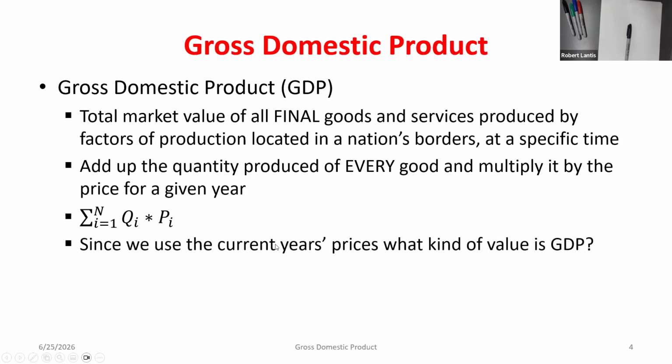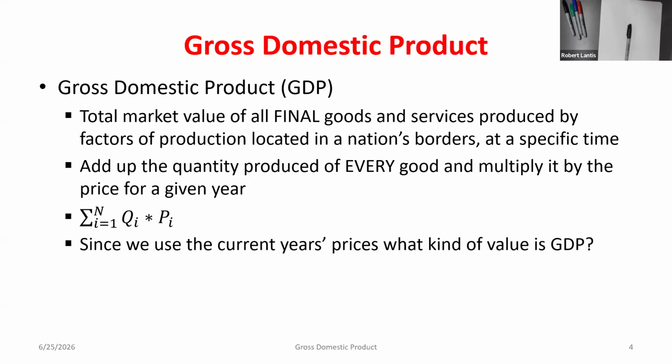Okay. Now, when we're calculating this at a specific point in time, we're using that current year's prices. We know that prices can change over time, which last class, we wanted to know how prices change. We were measuring inflation and trying to hold constant quantity. However, if GDP is trying to measure quantity or output of an economy, what we want to hold constant are the prices. So if I'm looking at current prices, we are calculating nominal GDP.